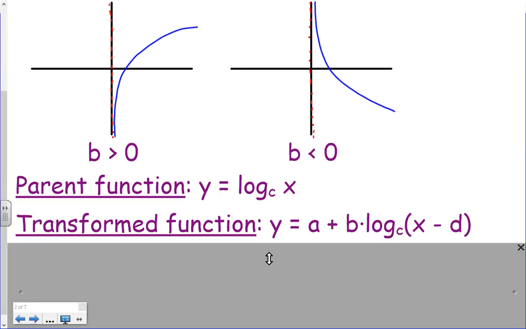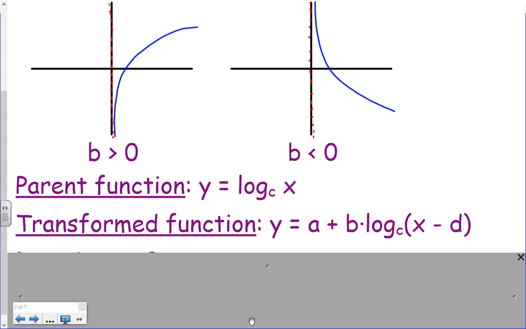Let's take a look at the parent and transformed functions. Again, we've done this for each of the other four functions in this chapter. The parent function, if you strip it down to just the basics, would be y is equal to log base c of x. That gets us a logarithmic function. So we've stripped away the a and the b there. The transformed equation, if you take that parent function and now transform it, you'd end up with this equation here.